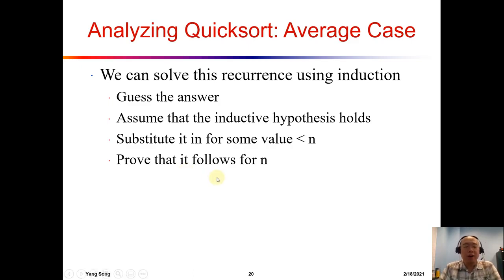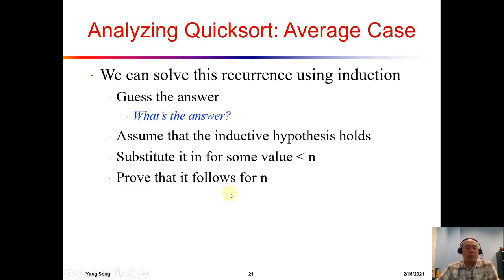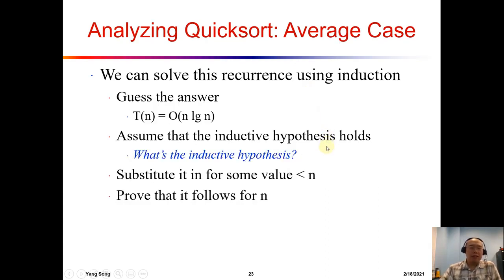Okay, so let's answer those four questions. What's the possible answer of the time complexity of the average case? We talked about that. We said, okay, this is O(n log n). In the next part, we want to assume that the inductive hypothesis holds. And what is the inductive hypothesis?